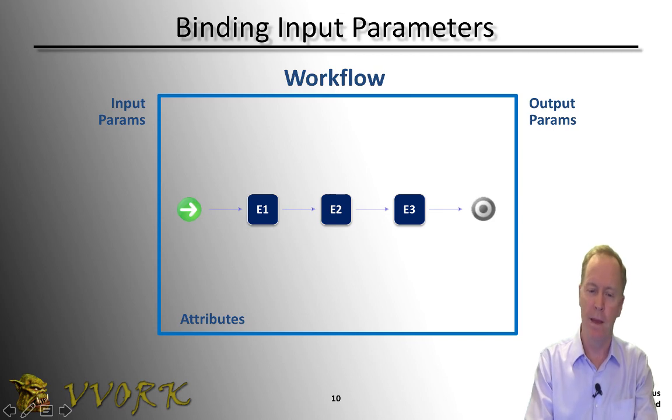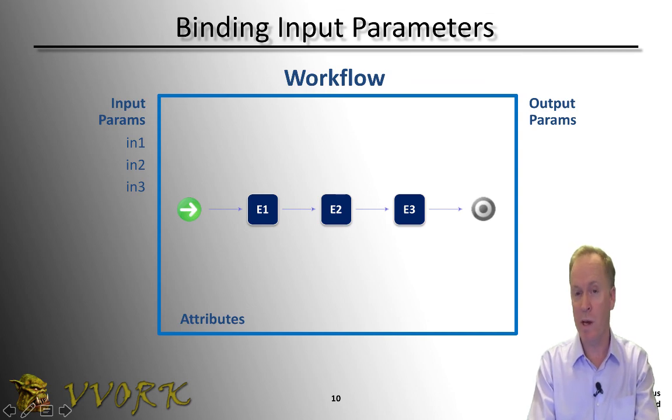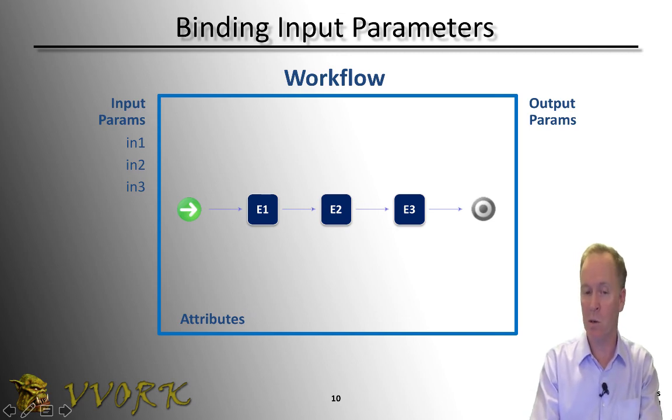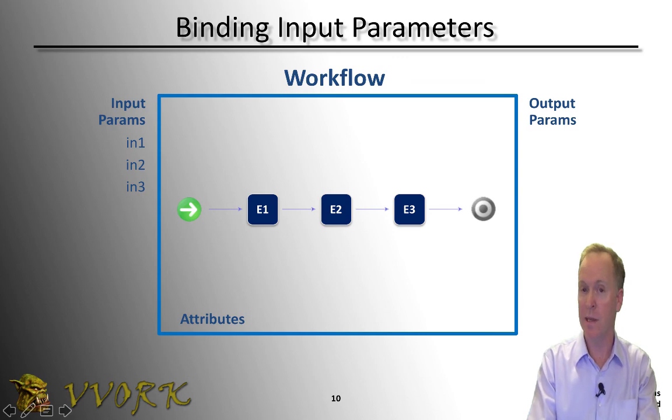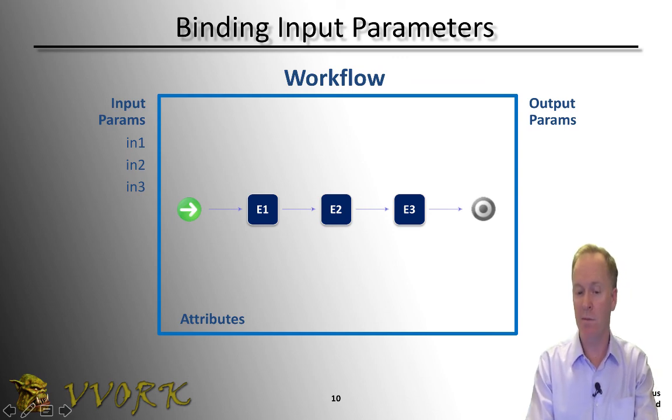So here we are back in our workflow, and as you can see, we have the ability in workflows to create input parameters. So let's create some. I've created 3 input parameters called in1, in2, and in3. At this point, as you know, none of the schema elements can see those input parameters. If we want the schema elements to see those input parameters, we would need to create a binding between the input parameters and variables within the schema elements.